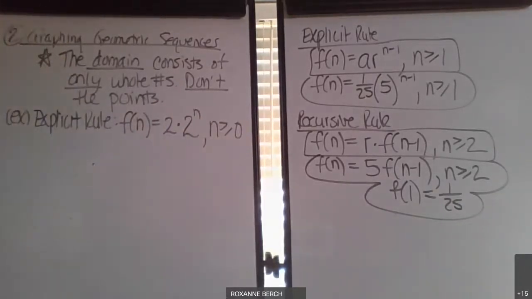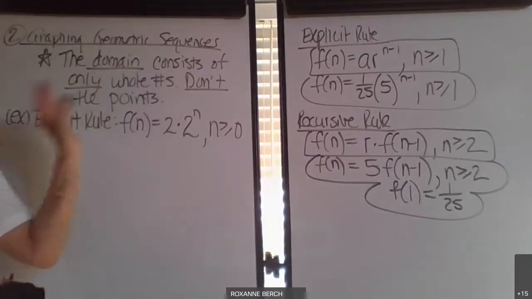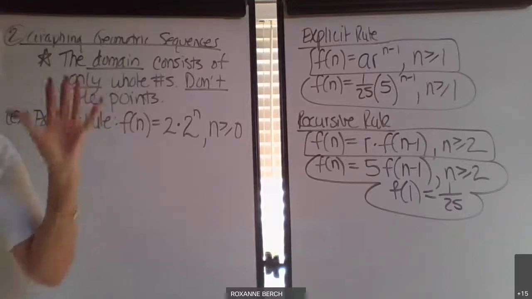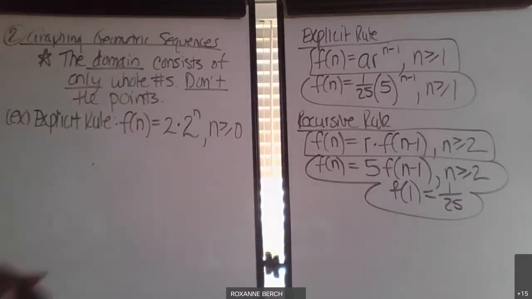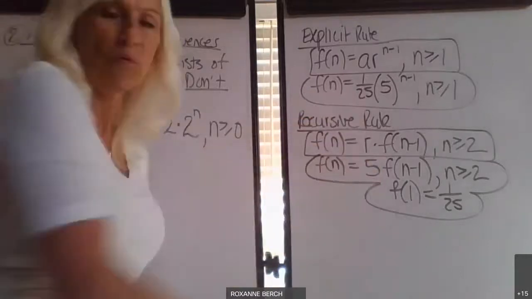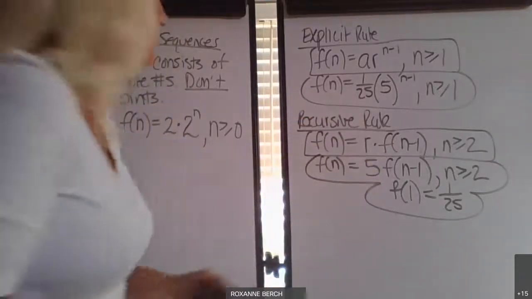Go ahead, I'm listening. What's this mean? N is only whole numbers, don't connect the points. Why? If somebody asked you why can't I connect the points? I always connect the points.